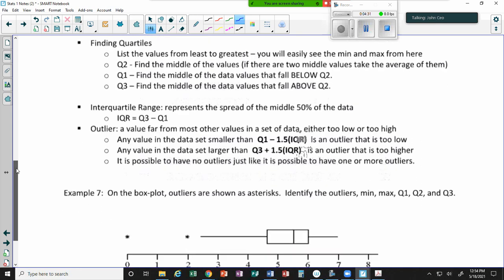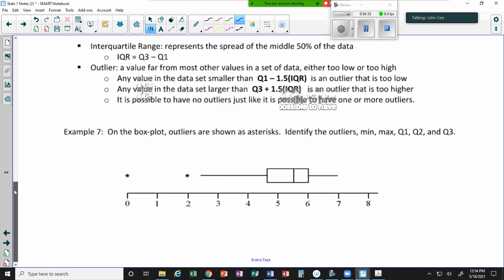So now, the first example is we're going to talk about how do we read this. So this is a box and whisker plot or box plot. Identify the outliers, the min, the max, Q1, Q2, Q3. Now, the min and the max can be outliers.